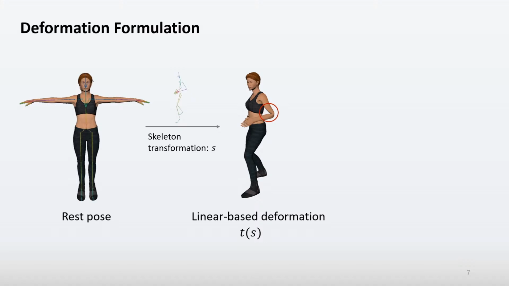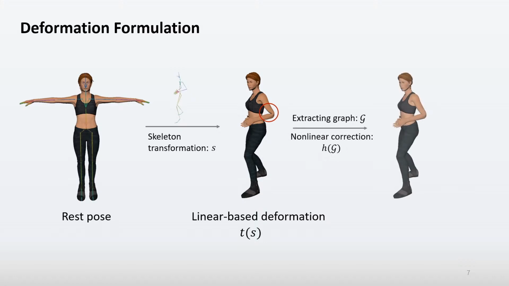To correct this difference, we further refine the linear-based deformation TS based on its mesh graph G and generate the remaining nonlinear correction HG. The final deformation could be expressed as TS plus HG.